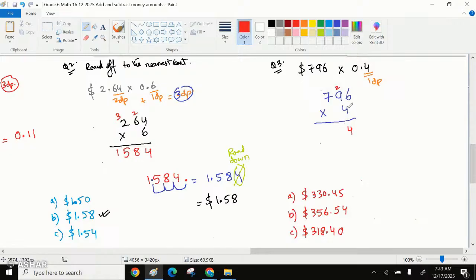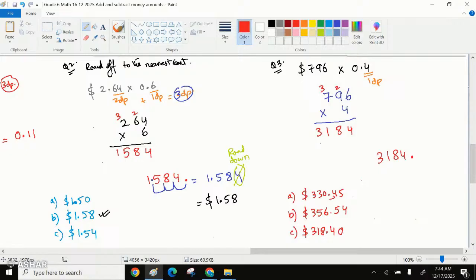Plus 2 is 38. 7 times 4 is 28. Plus 3 is 31. So we have 3184.